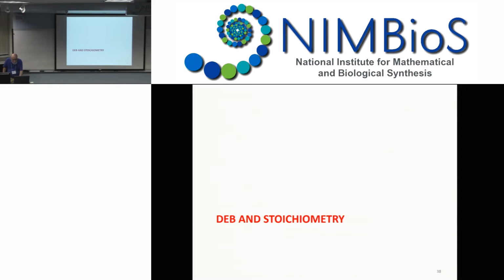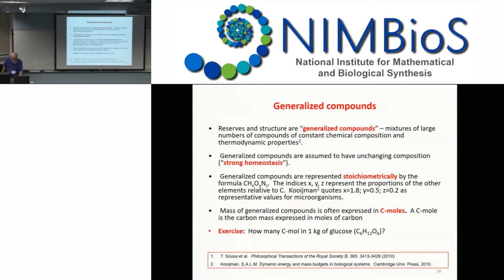So now, how do we make the connection with stoichiometry? These abstract reserve and structure quantities that I've talked about, actually we can think of as characterized by so-called generalized compounds. And they are some mixture of carbon, nitrogen, oxygen, and hydrogen, for example, but we can add elements as we see fit.